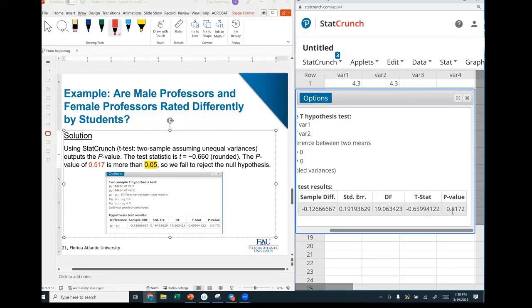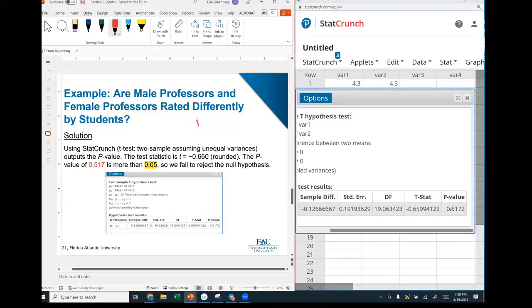We fail to reject our null hypothesis, because our p-value is big, greater than our significance level. So therefore, we fail to reject. It's exactly the same as the last chapter.